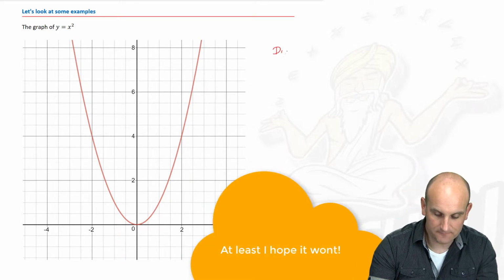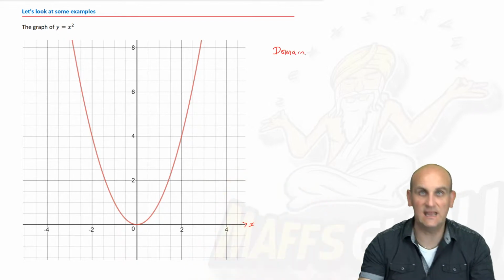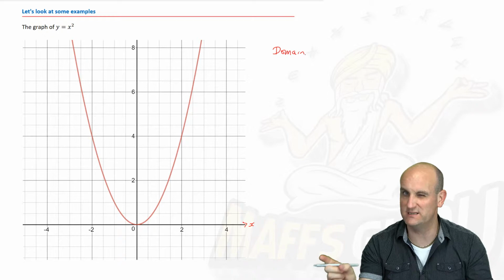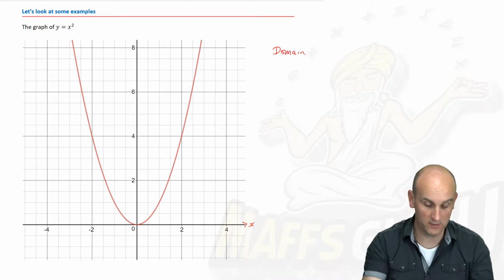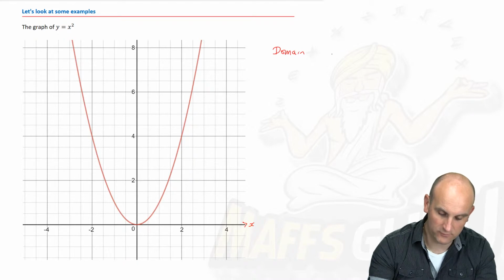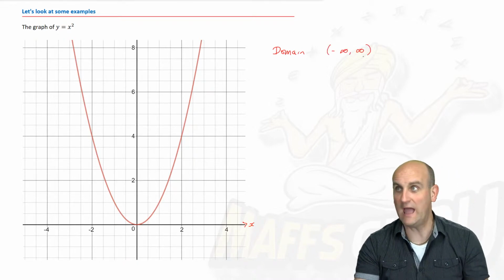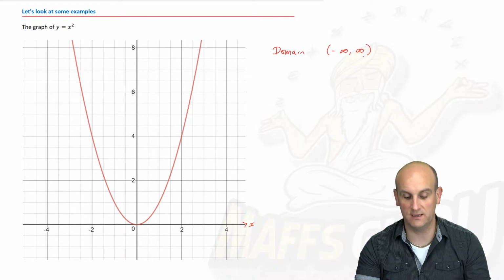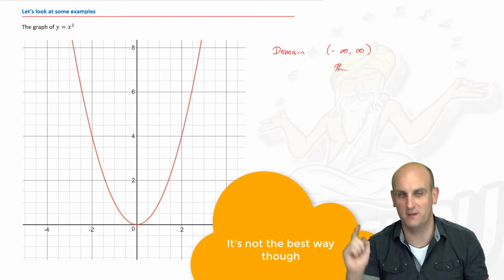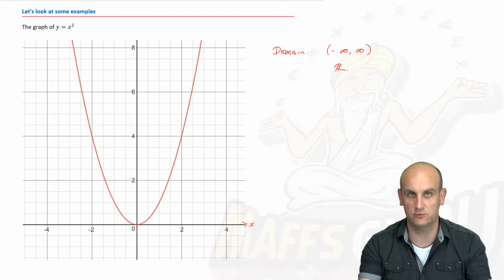So my domain basically has all possible X values. Well, let's think about that. So everything from minus infinity to infinity can go into this. Okay, so I could write my domain as, don't get the brackets wrong, minus infinity to infinity, and there we go. Yay! That's one way of writing my domain. I could write it as all real values, because we know that from minus infinity to infinity is all real values.